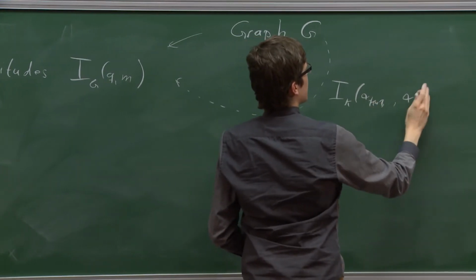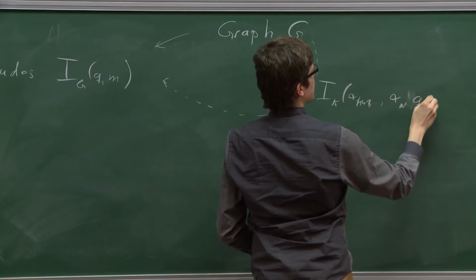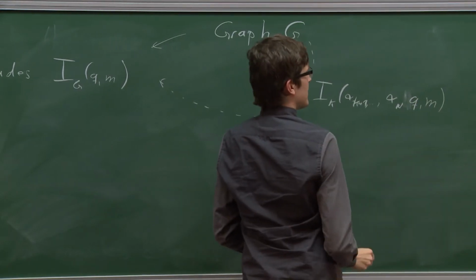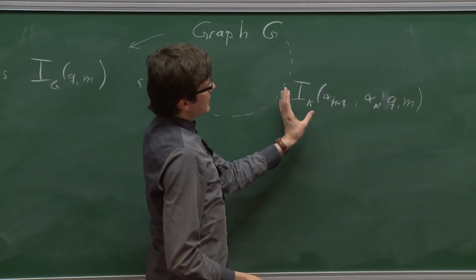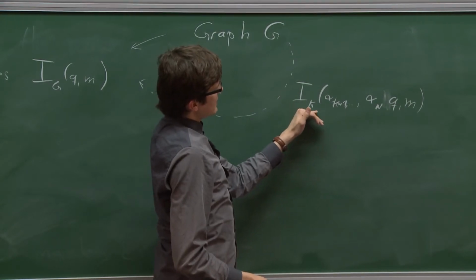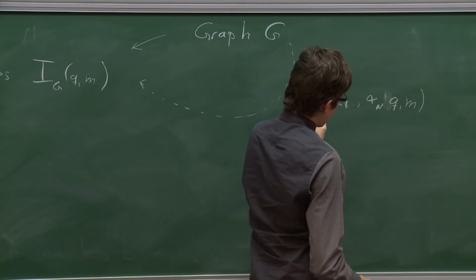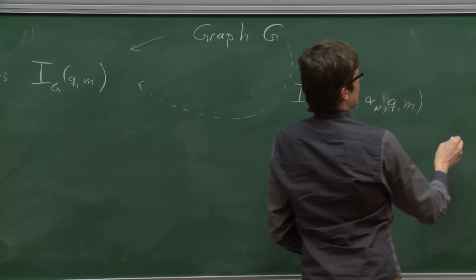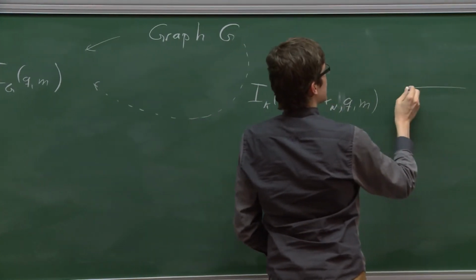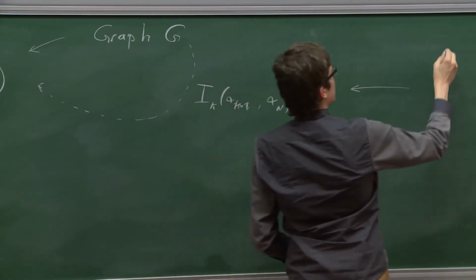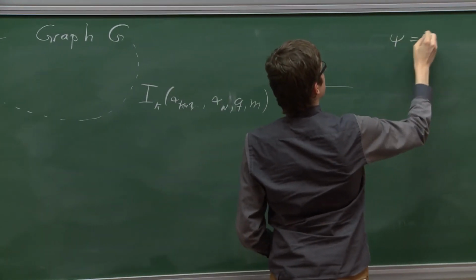And in case of kinematics, they also depend on q and m. But we do not even need to know anything about these explicit functions. We only need to know the places where they could have singularities. So actually, we get information about these by looking at these sets of polynomials.